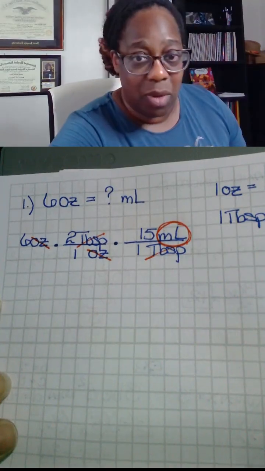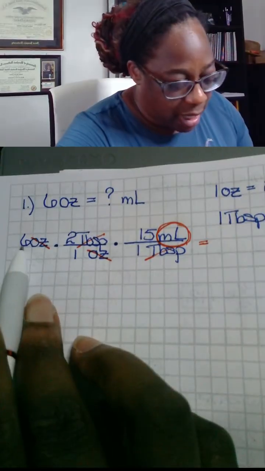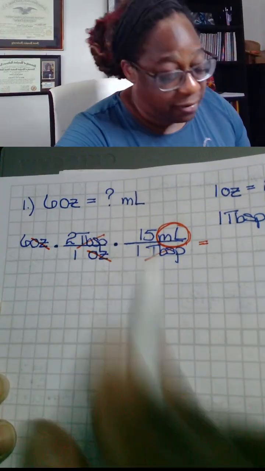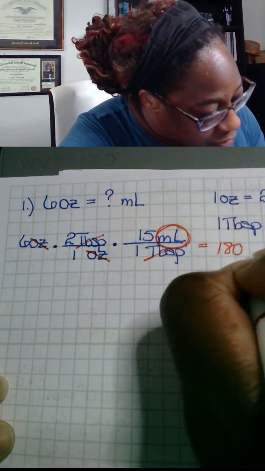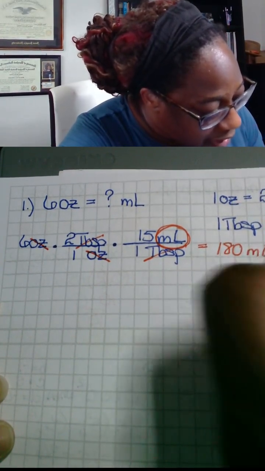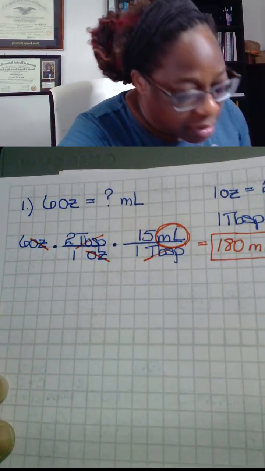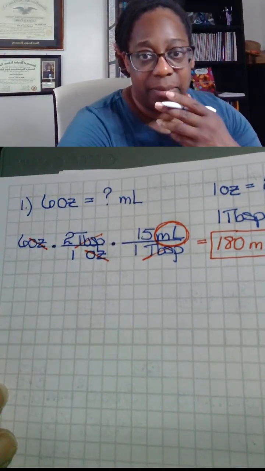If you want to put it over 1, have fun with that. All we're doing is multiplying 6 times 2, which gives me 12, and 12 times 15 gives me 180. So we have 180 milliliters. That's the equivalent of 6 ounces.